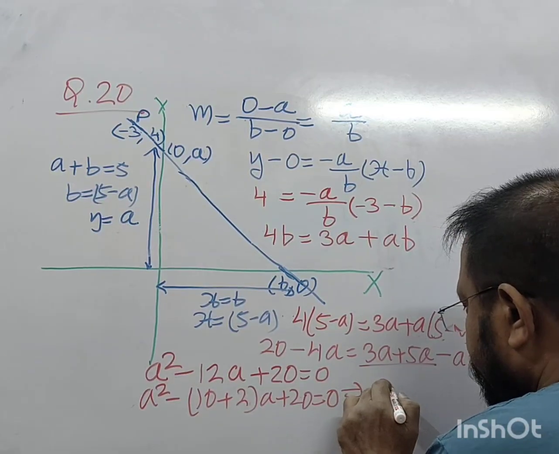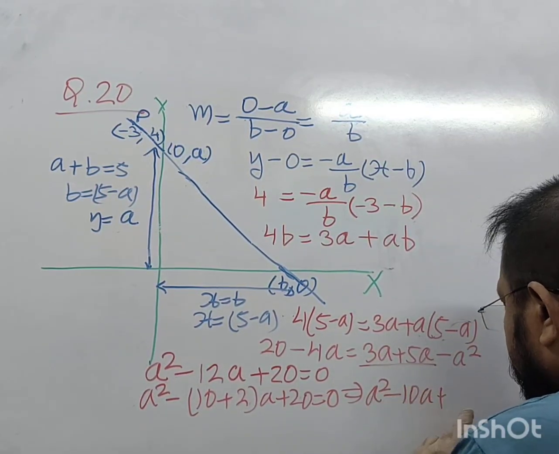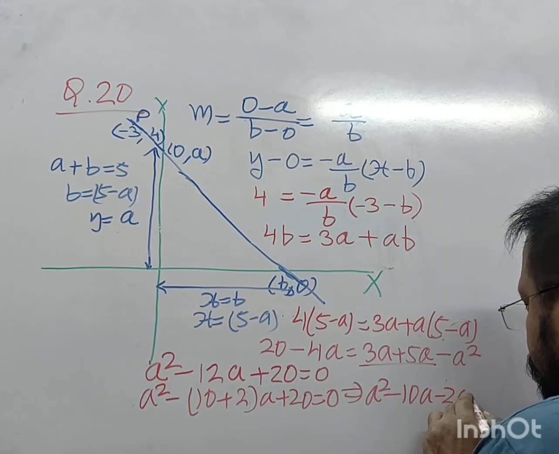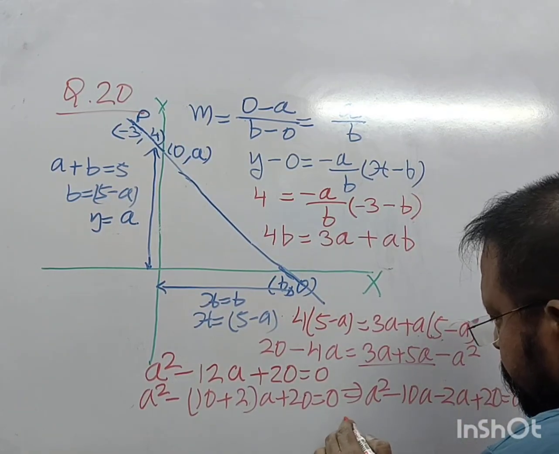So it becomes a square minus 10a minus 2a plus 20 is equal to 0.